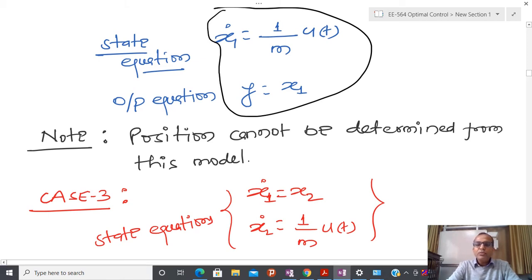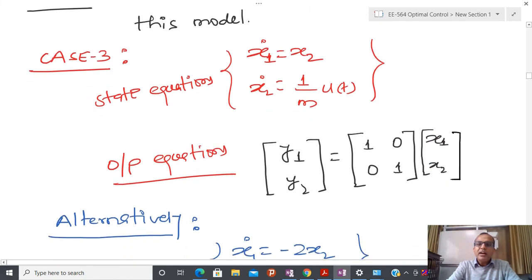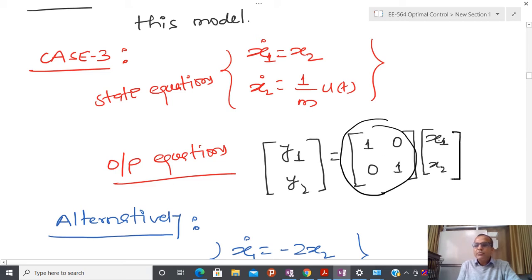After that let us come to the third case. In the third case I need everything as output, so I can represent it like this. In this representation you can see that if you multiply this with this, then y1 equal to x1 and y2 equal to x2. Both are outputs, so you cannot select only one state as velocity.